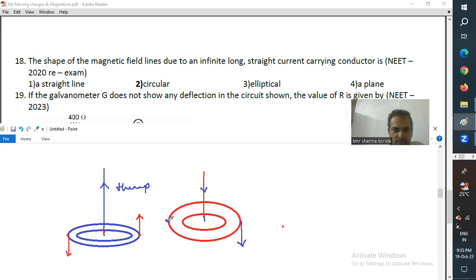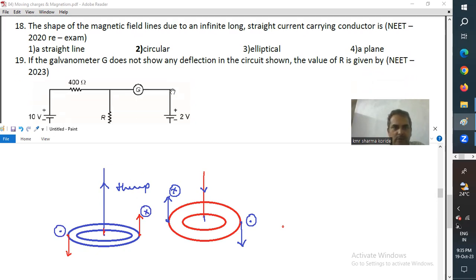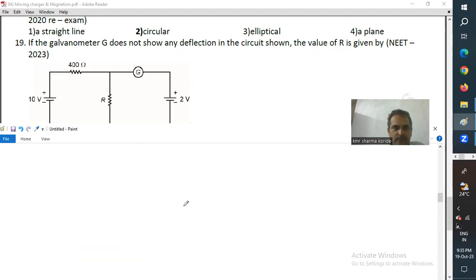If you choose this particular point, the field will be inwards, into the plane of the page. So here it is out, dot, here it is into, but perpendicular. So field lines are in the shape of circles. Moving to the next question, question number 19.